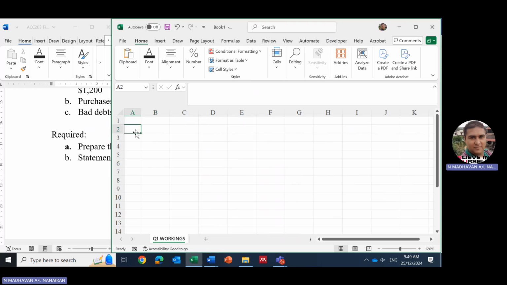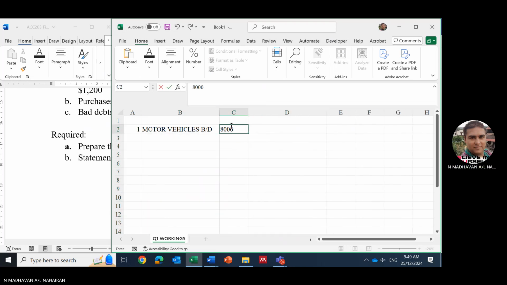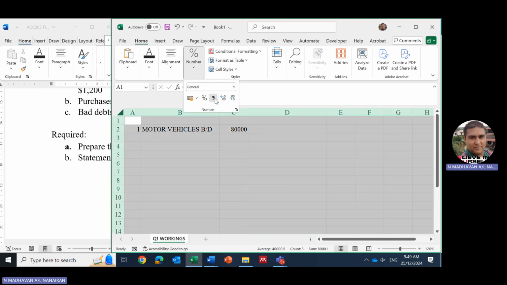Okay, number 1. First one, we're going to prepare the motor vehicles. Brought down. How much is motor vehicles brought down? 80, yeah? Okay. Did you buy any motor vehicle during the year? Yes.